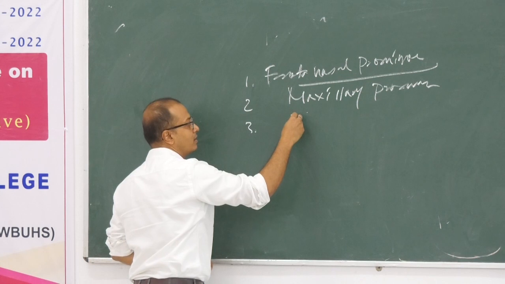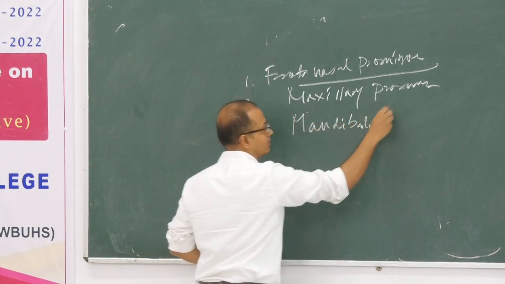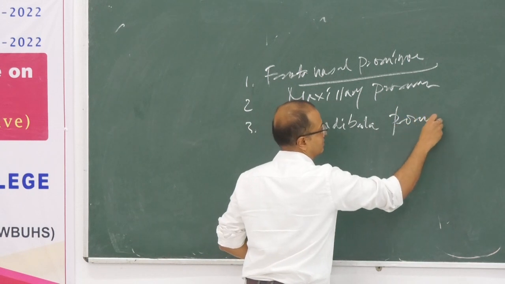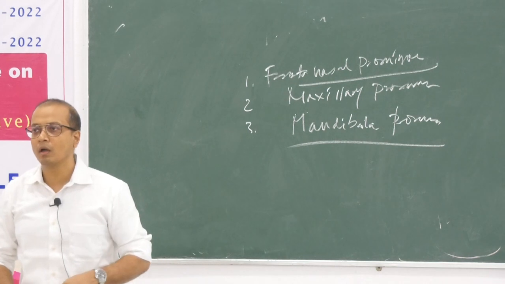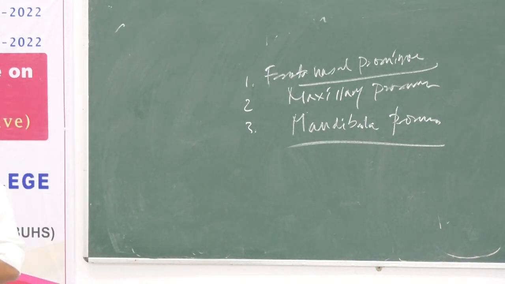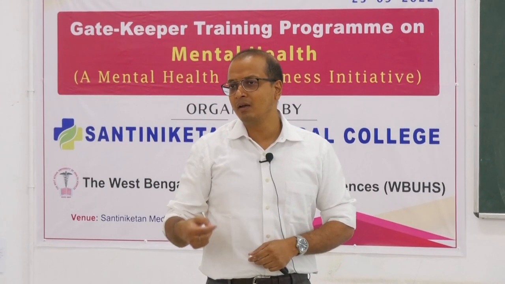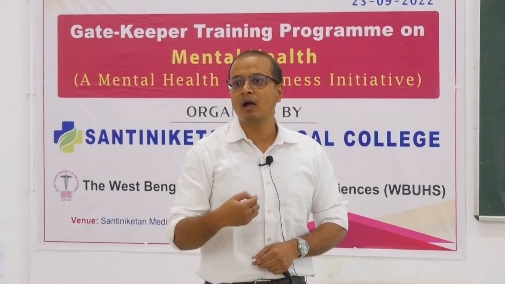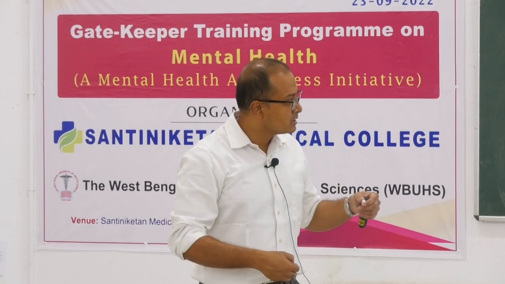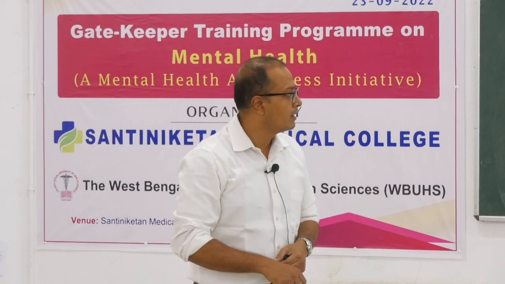And then down here we have the mandibular prominence. These three segments interact with each other and give rise to the formation of the face. If there is a failure of interaction among them, we have a defect, a birth defect, which we're going to talk about.